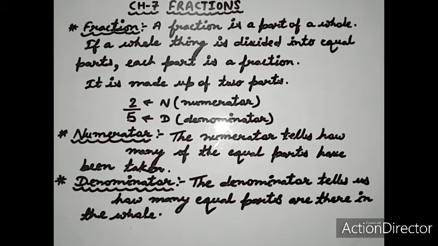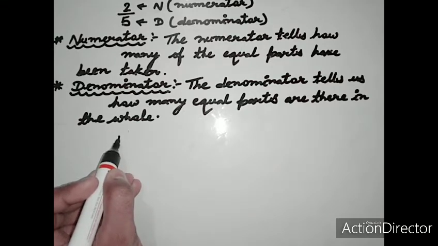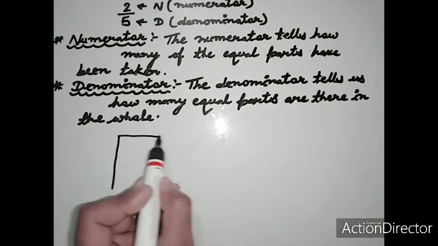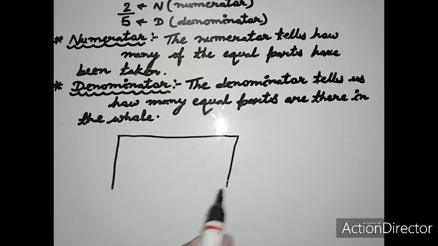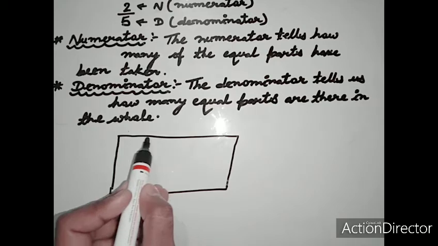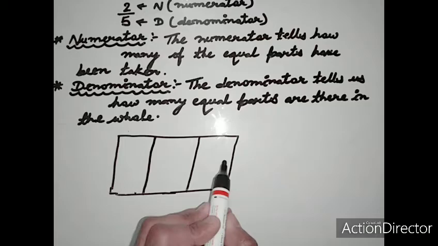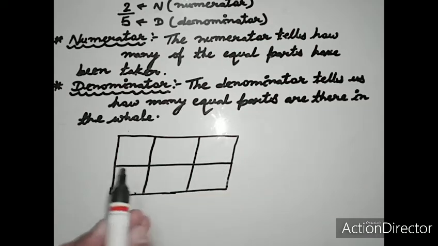Okay students, now here we take one more example related to fraction. Like here we take a rectangular box, okay, and here we divide this box into 6 equal parts. 1, 2, 3, 4, 5, 6.